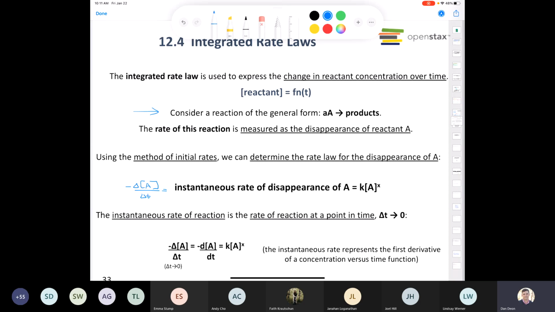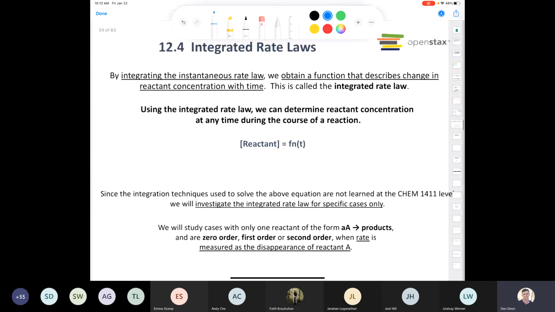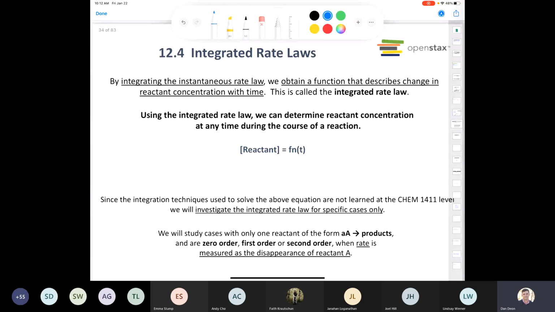Now, again, the instantaneous rate of reaction, I talked about this briefly during our first lecture. I said, that's the rate of reaction when the change in time approaches 0. And in order for us to do that, we have to take the first derivative of concentration versus time. We are not going to be doing any derivatives in this class. In case you're worried, look right here. It says integration techniques are not learned in Chemistry 1411.